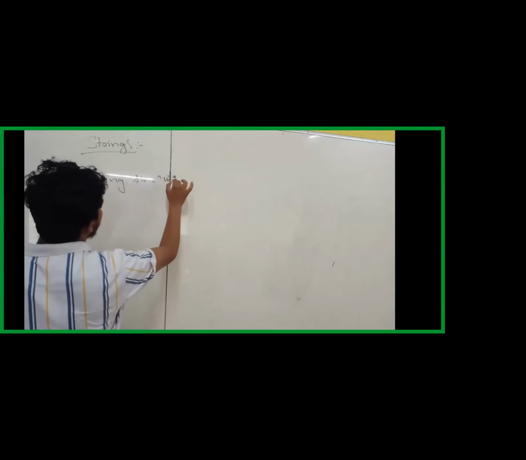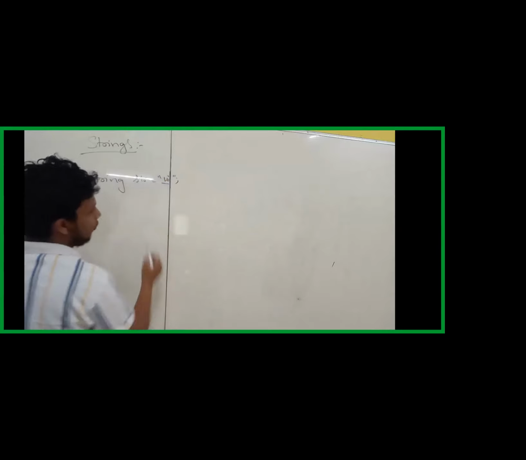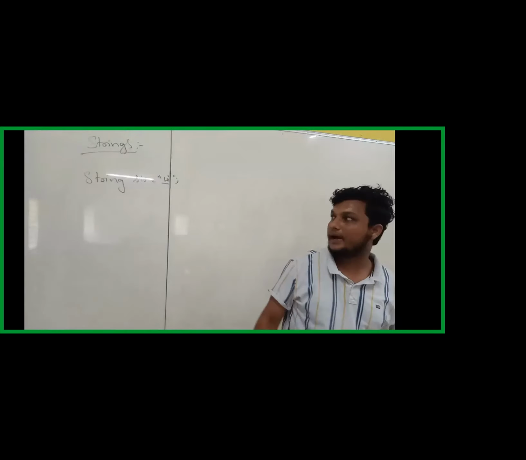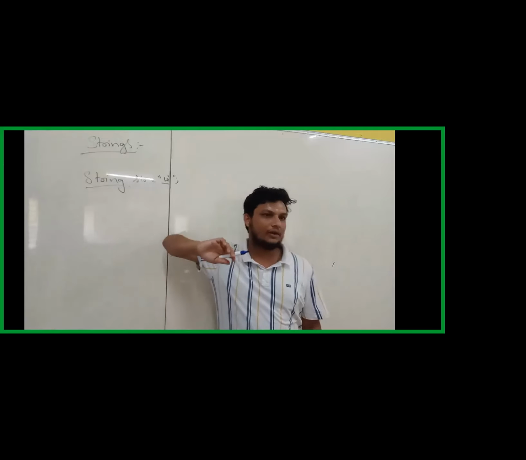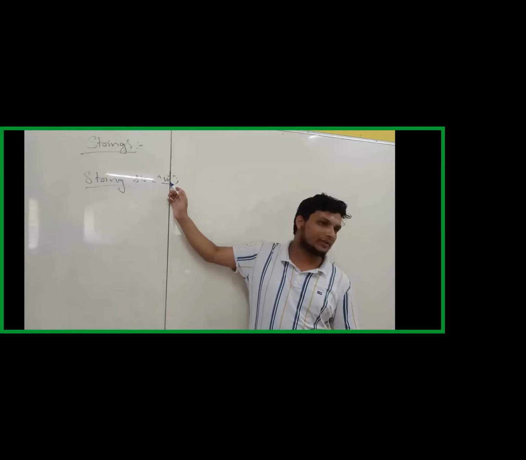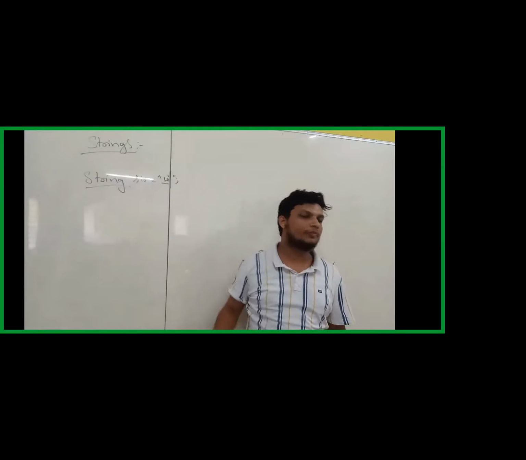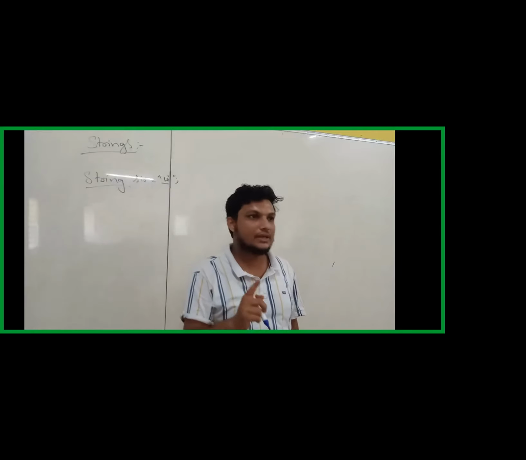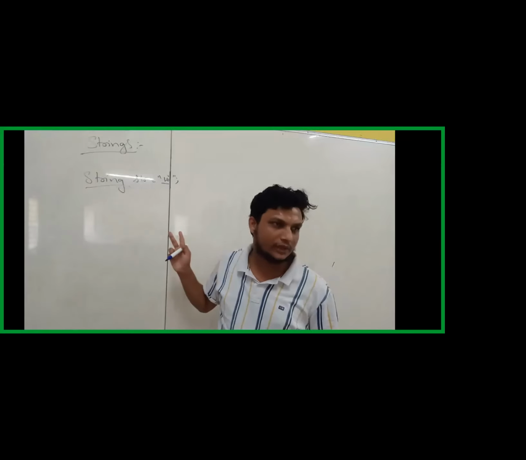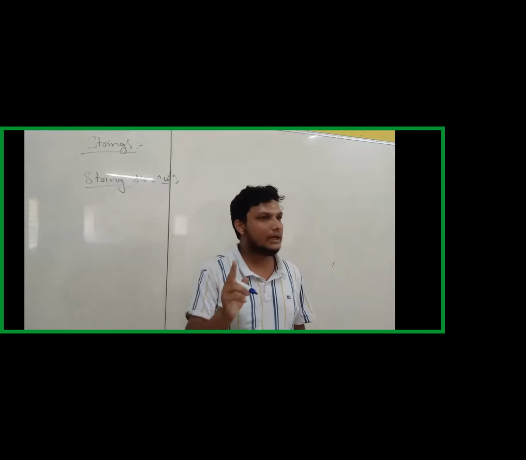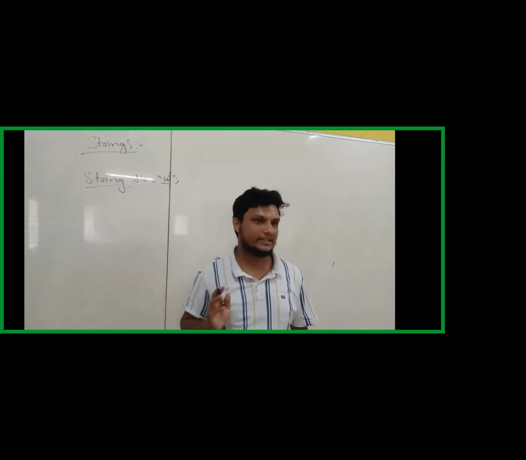If you want to store more than one character, we declare the data type as string. Only one thing you should be aware of: whenever we are declaring more than one character, it should be enclosed by double quotes. If single quote, it is a character and it should be a single character. If it is more than one character, it should be enclosed by double quotes. This is what we call a string.